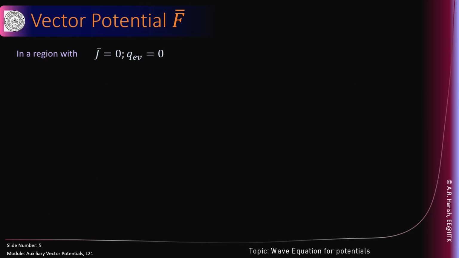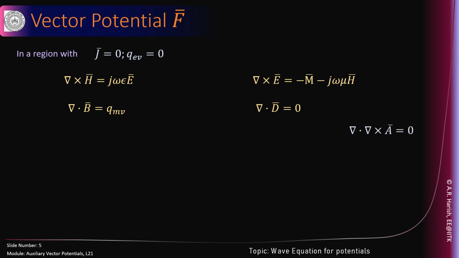So we can now think of another vector potential, called vector potential F. Let us consider a situation where J equal to 0 and Q_ev equal to 0. Then Maxwell's equations will reduce to this form here. I'm going to go a little faster here, but what I suggest is pause the video and work out all the details.